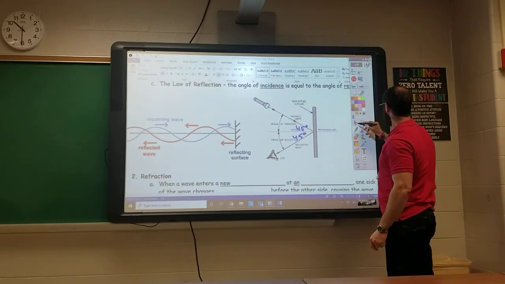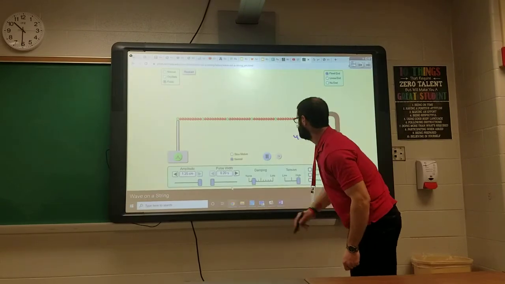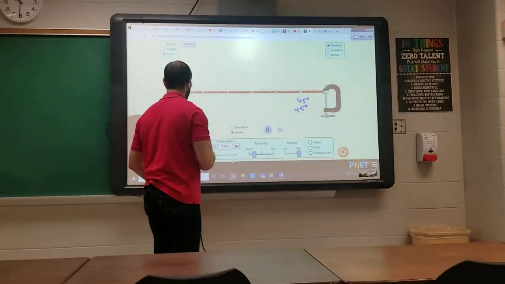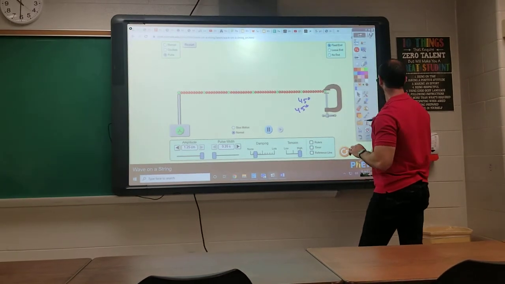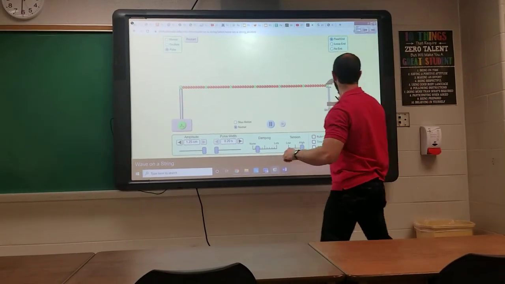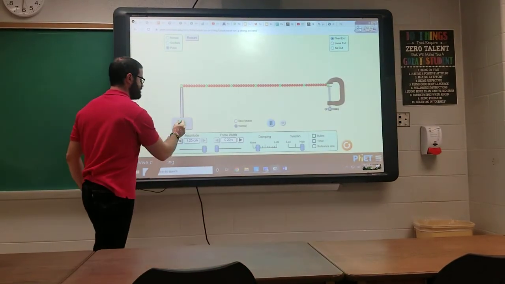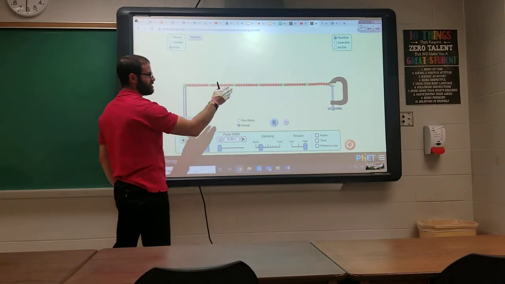So let me show you a demonstration. Again, the object down here represents a surface that the wave is going to bounce off of. If I send a wave to the right, notice that it's reflected back to the left.